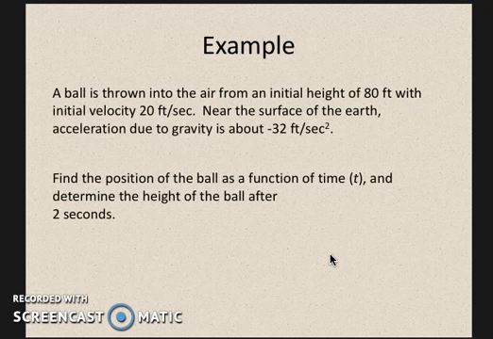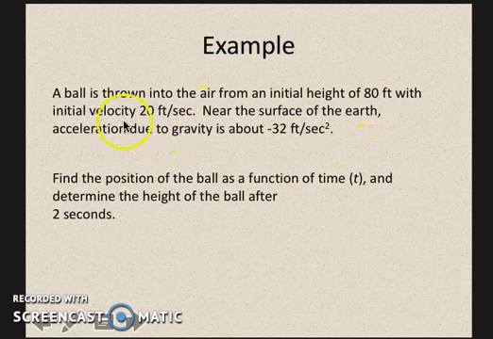Let's say a ball is thrown into the air from an initial height of 80 feet. This is the initial height, with an initial velocity of 20 feet per second. Initial height when t is 0. Initial velocity is given, and near the surface of the earth, acceleration. So note these things down.